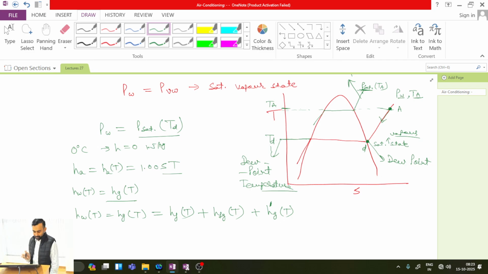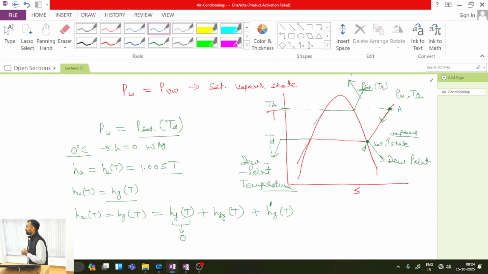Okay, now like we have specified the saturation reference state at 0 degree Celsius for dry air, similarly we will specify the reference state for water also, enthalpy equal to 0 at T equal to 0. So corresponding to T equal to 0, I can simply write that the liquid state enthalpy will be 0. Is the temperature 0 degree or Kelvin?